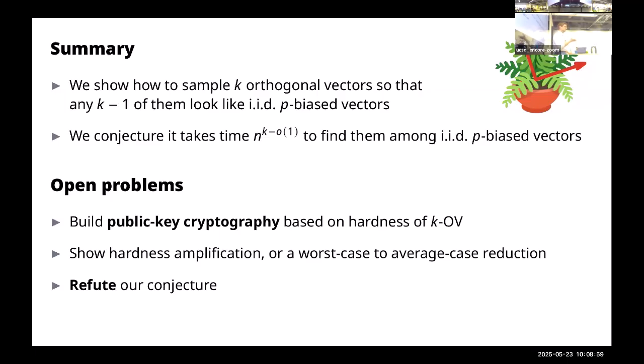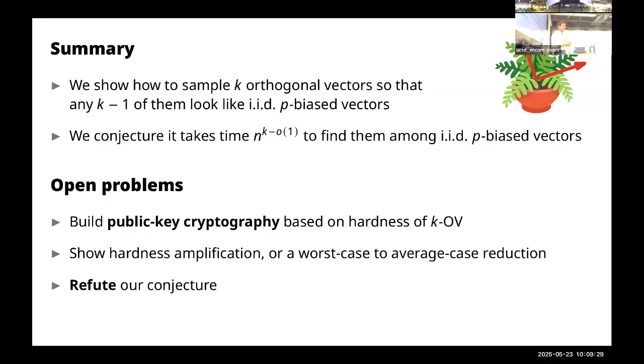Another great thing would be to have a formal proof that the hardness of the worst case and the average case is the same, so a worst case to average case reduction. This we also don't have for k-sum, so this might be a much harder problem. And perhaps the easiest problem to work on would be to refute our conjecture, because really nobody has thought about it before.